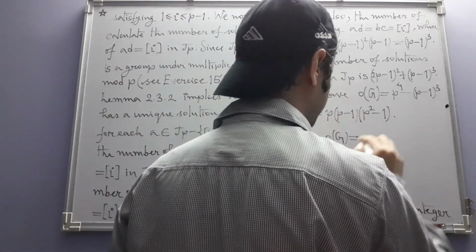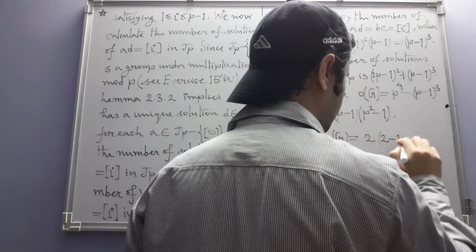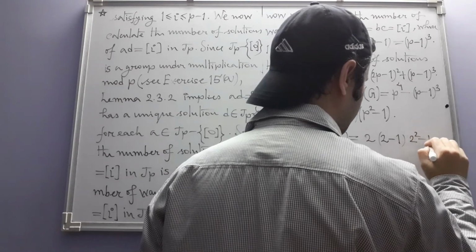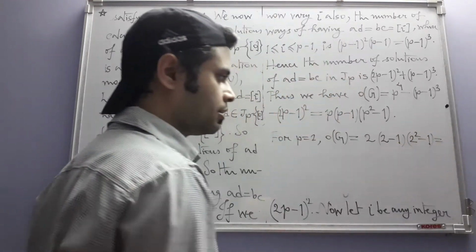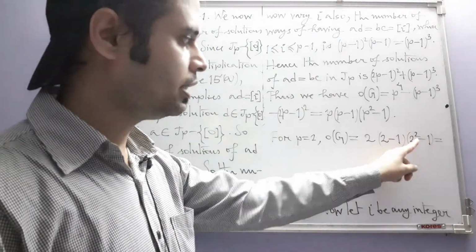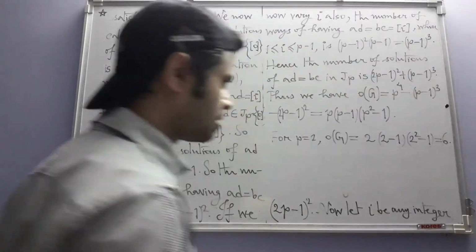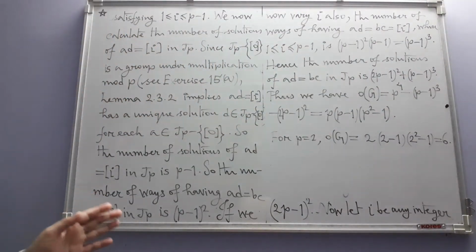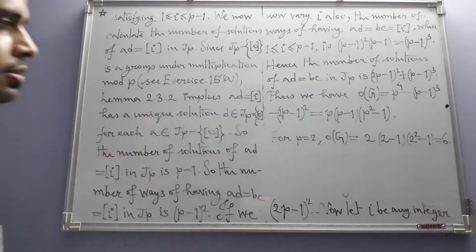We can be sure of that. 2 times 2 minus 1 times 2 square minus 1. So 2 minus 1 is 1, 2 square is 4, 4 minus 1, 3. 3 times 2 is 6. So in exercise 24, the order of the group was 6. So correct.